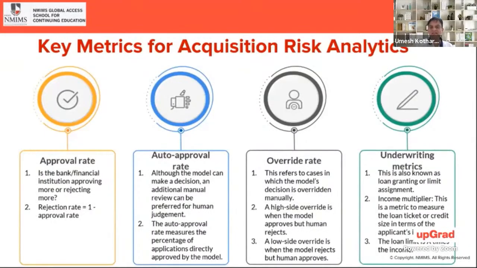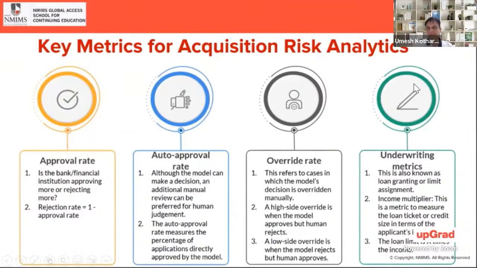If the machine has rejected and you've accepted, then you've accepted, but you need a KPI to track and interpret it. If those rates are high, obviously the model is not doing its job effectively. The model and its variables have to be relooked at, and that's what these KPIs are for, to assess whether your risk analytics model is doing the job right.